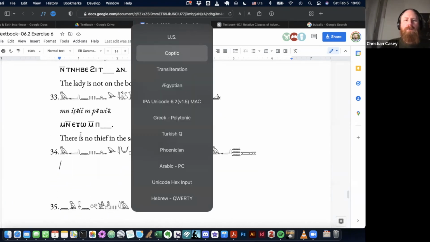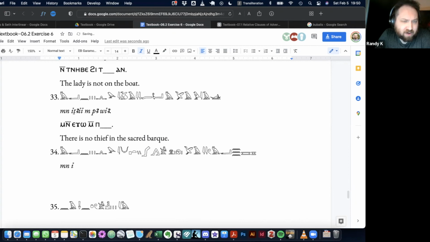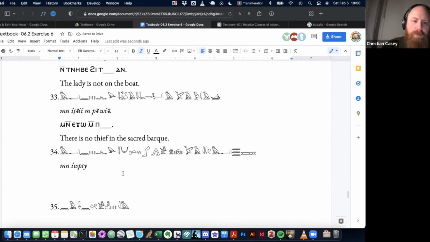Okay, you want to do one more? Sure. Okay. Men. I think it's like what? I'm going to write it like this. Iwputi. It's a pote in Coptic, so it's confusing.